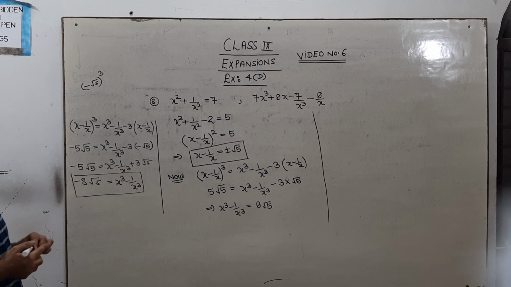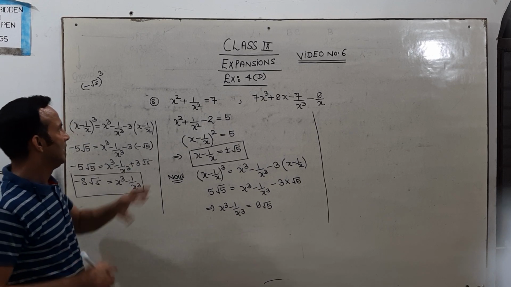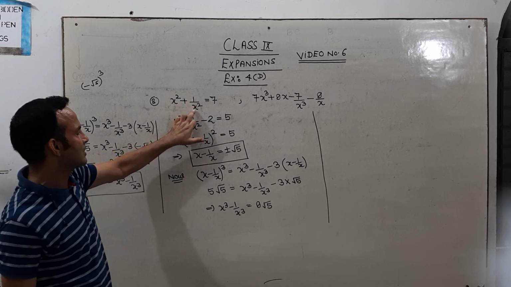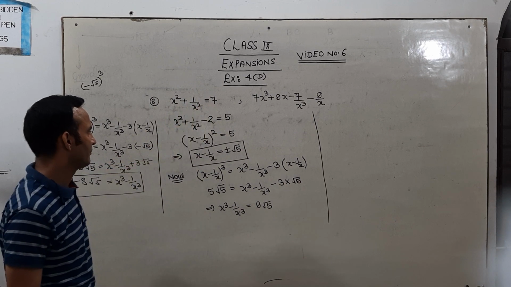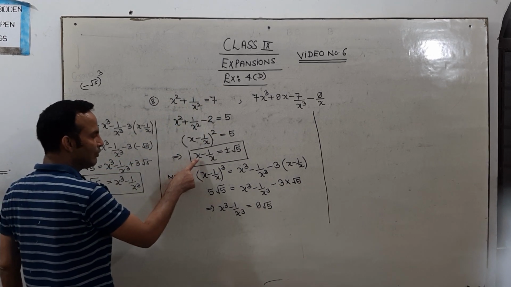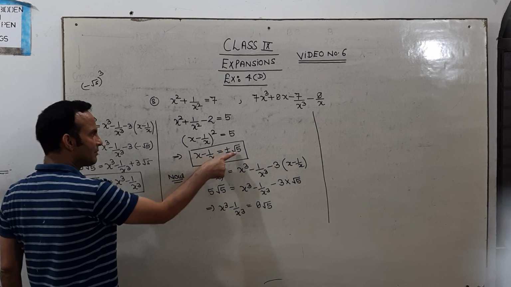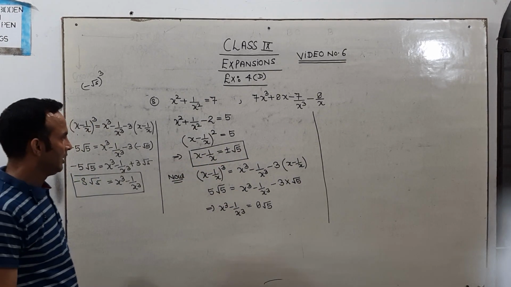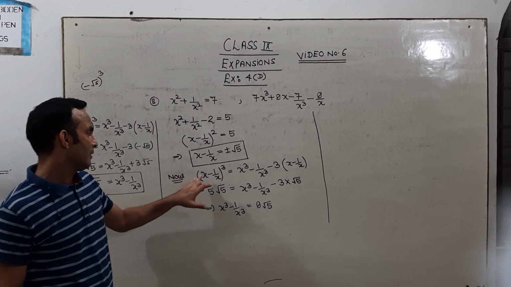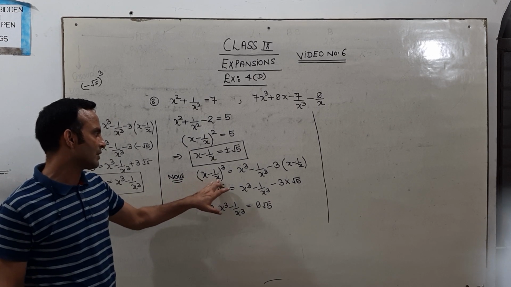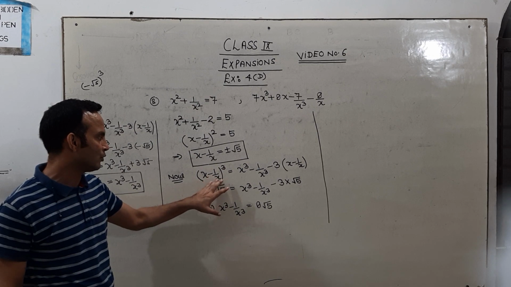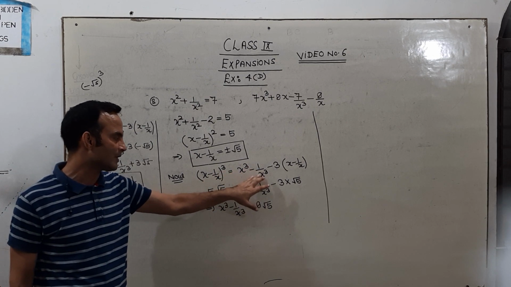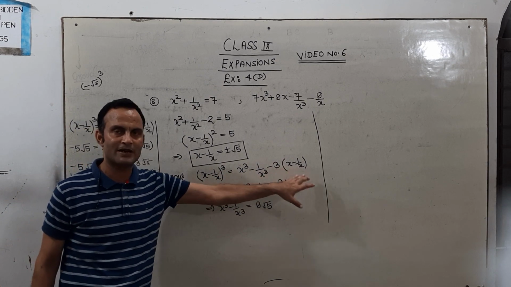My dear students, see once again, x square plus 1 upon x square is equal to 7 is given. With the help of this information, we come to know that the value of x minus 1 upon x is plus minus root 5. Now, we find out the value of x minus 1 upon x whole cube. We know the formula x minus 1 upon x whole cube can be written as x cube minus 1 upon x cube minus 3 times of x minus 1 upon x.